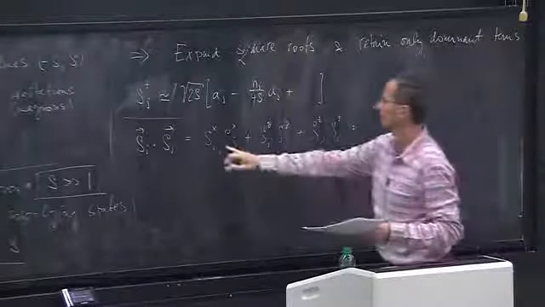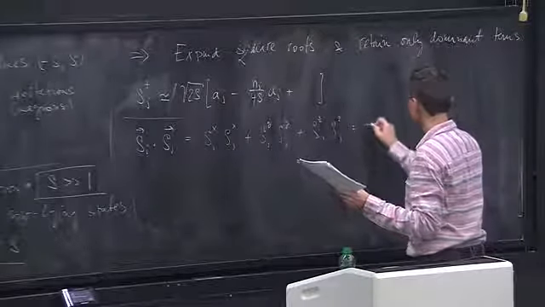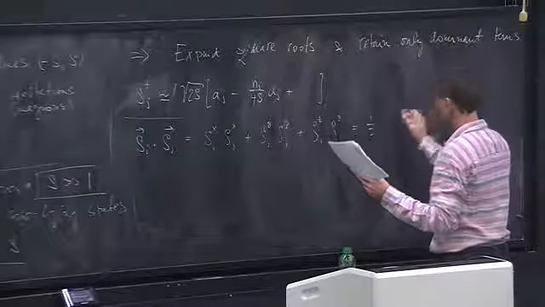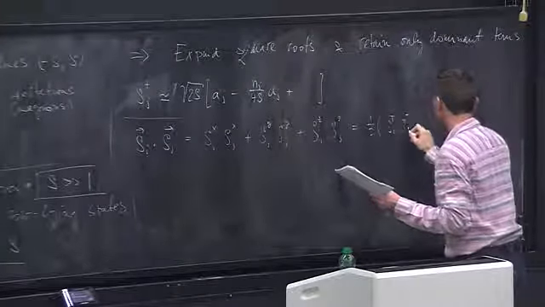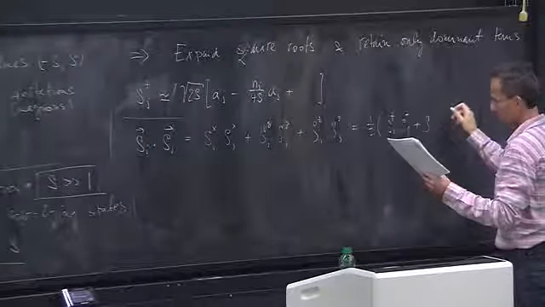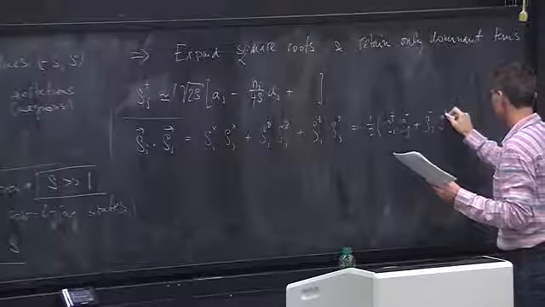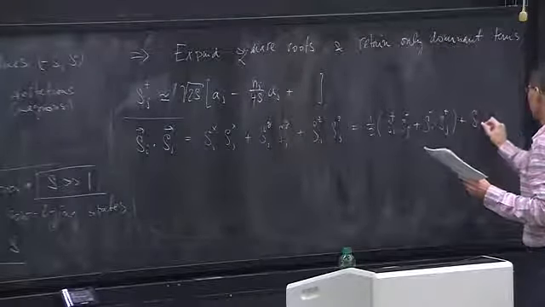And then I express these S^x, S^y in terms of S plus, S minus. So this is S plus i, S minus j, plus S minus i, S plus j, plus S^z_i S^z_j.